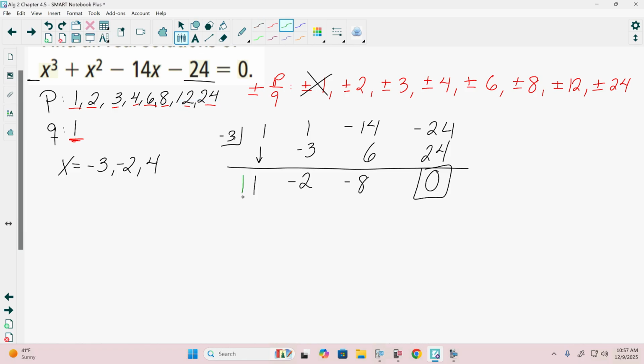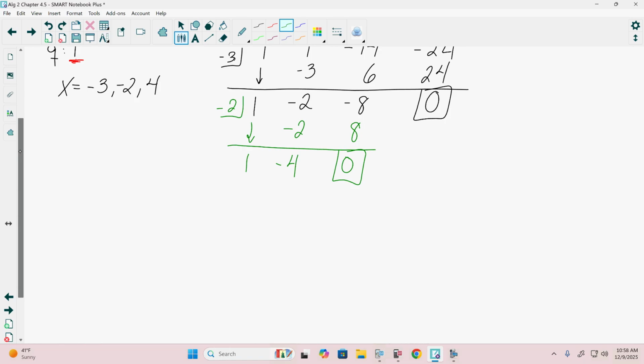We can do it again with negative 2. Negative 2 times 1 is negative 2. Negative 2 plus negative 2 is negative 4. Negative 2 times negative 4 is positive 8. And negative 8 plus 8 is 0.